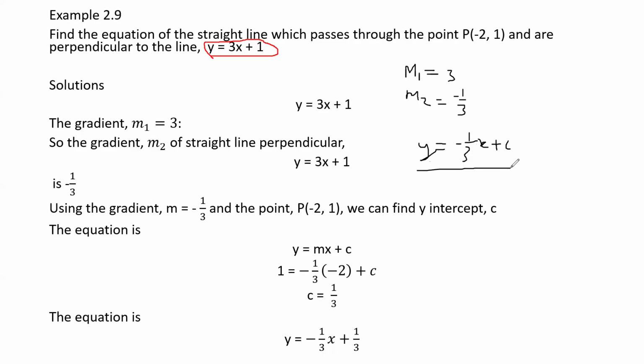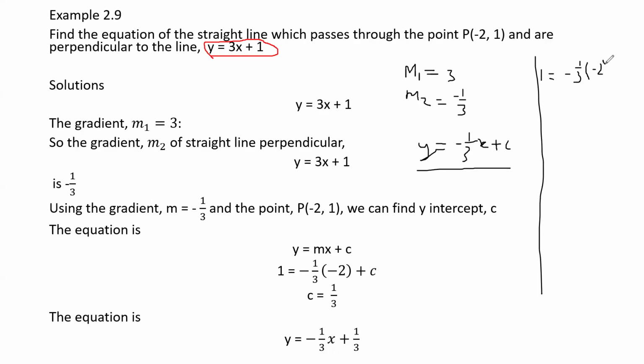Okay, so let's find the c from here. What is y from P? y is 1. So 1 equals minus 1 over 3 times x. What is x? x is minus 2. Now apply it.